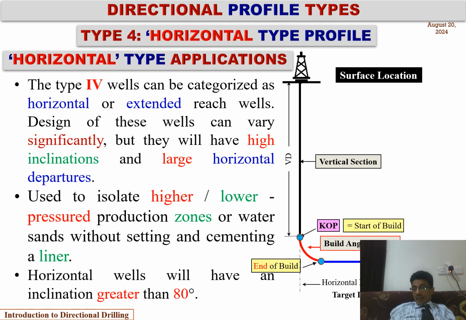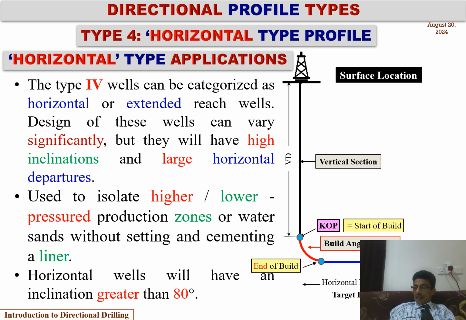Like here, it is the long vertical section to the kickoff point, and after the kickoff point we start the build angle section with inclination angle to the end of the planned profile.